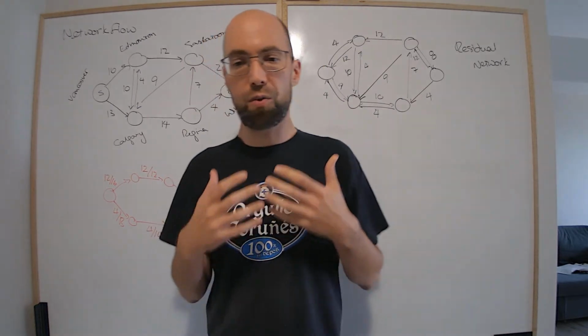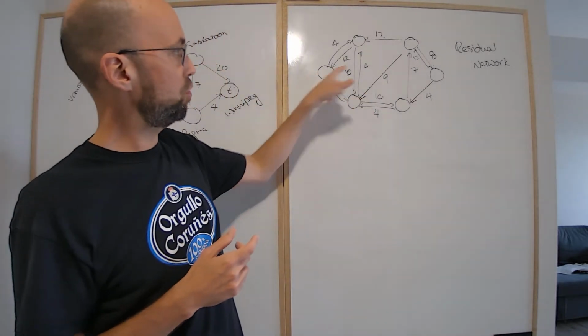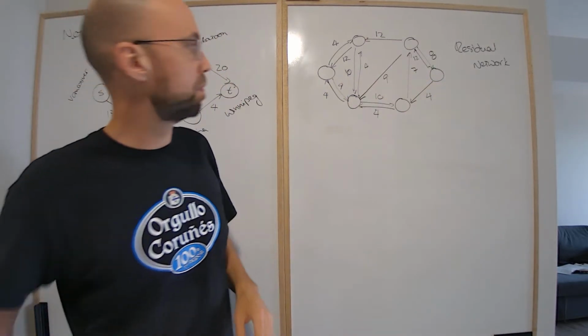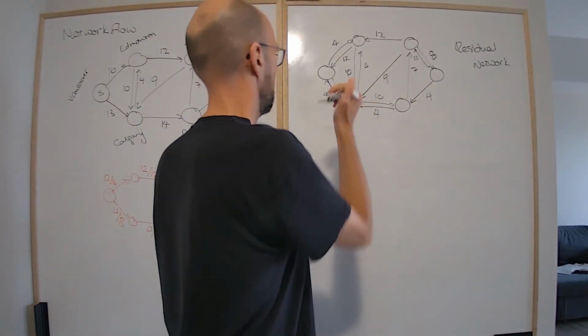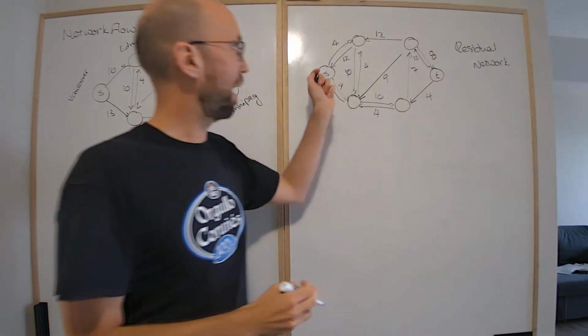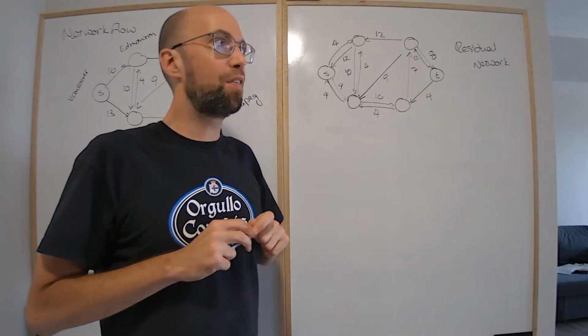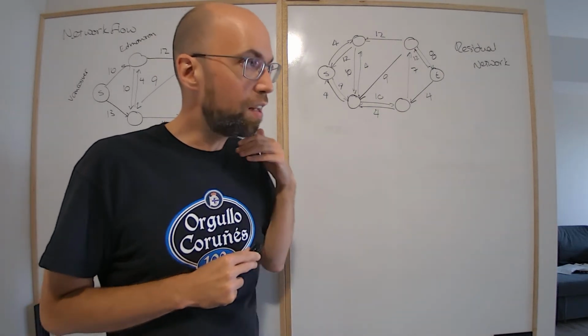And the way that you think about adding more flow is if you can get from S to T, if there is a path from S to T, that means that there are edges where you could send more pucks.